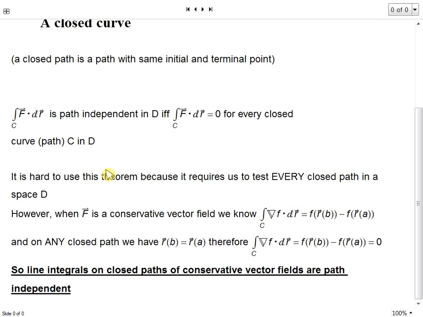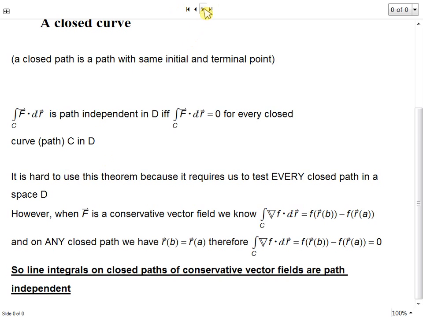However, we saw that if f was a conservative vector field, in other words, it was a gradient, the answer was just the endpoints subtracted. But if you're on a closed curve, your starting point and endpoint are the same point, so that has to be 0, which means that line integrals on closed paths of conservative vector fields are path independent.